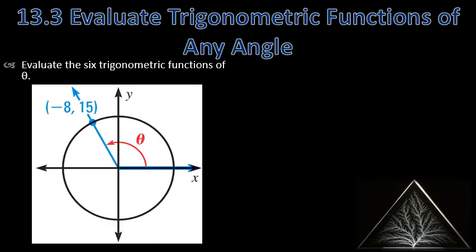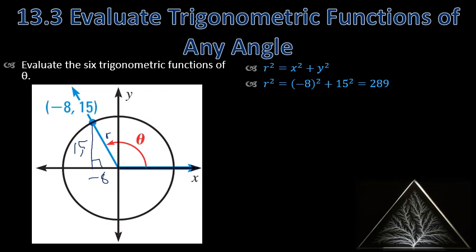Let's try another one. All right, again, we need to find our r. So if I think about drawing that down like that, the y would be there, the x is here, and this is the r.